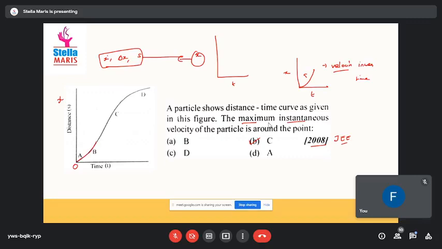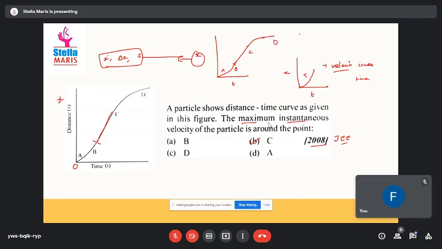From this point, as you can see, it comes here like this, from A to B. Then from B it is a straight line, which means constant velocity, up to C. Now from C the graph goes like this and meets D here.